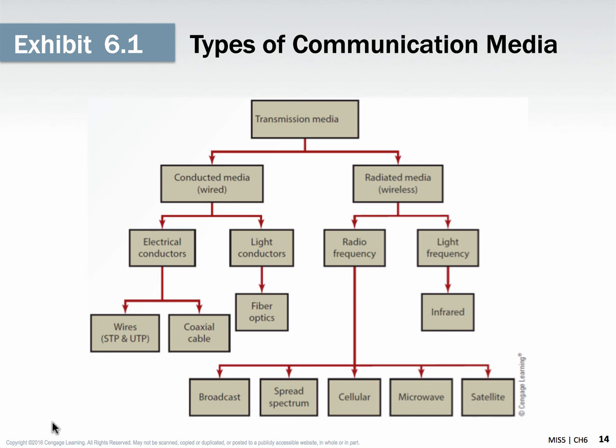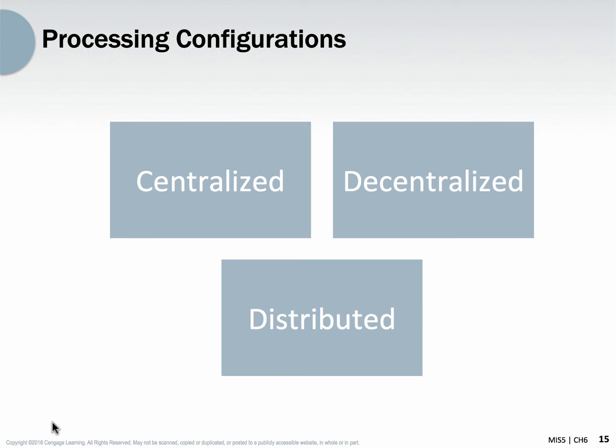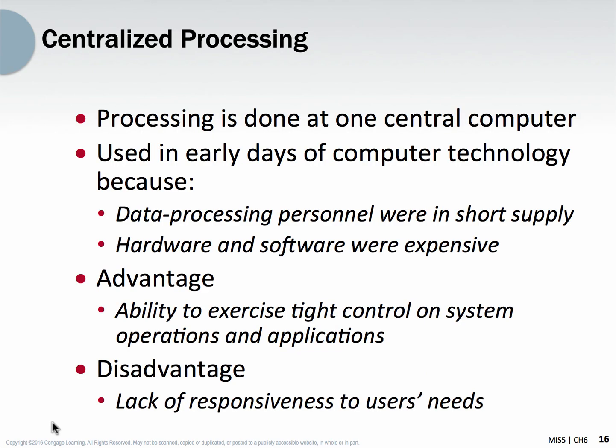Okay. So now there's the communication media. Let's look at how we can process and look at how this stuff is configured. Well, there's three ways that we send data, in terms of being processed: centralized, decentralized, and distributed. Centralized is exactly what it sounds like. It's done by one computer.